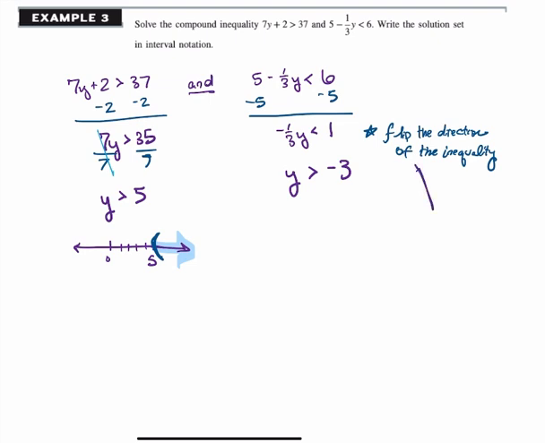So remember this rule because it's an easy thing to forget, and that can throw us off. So let's look at this solution. Everything strictly greater than negative 3. So greater, so everything to the right.